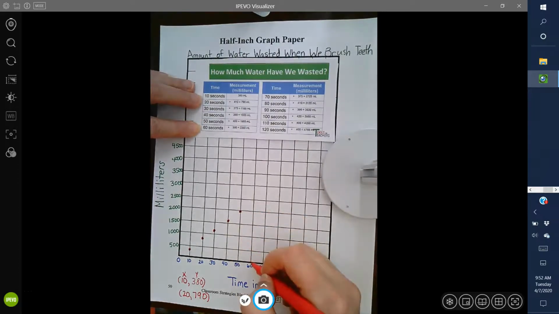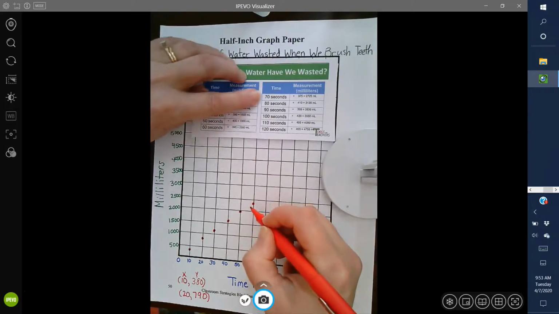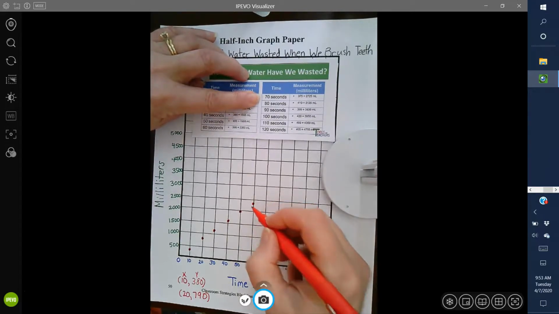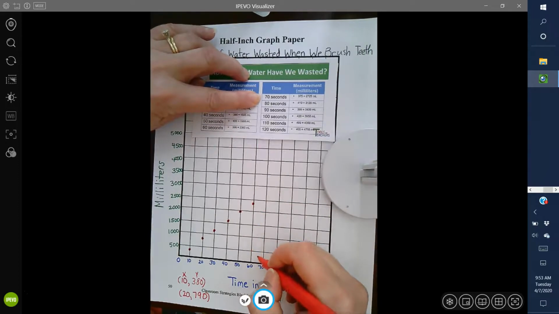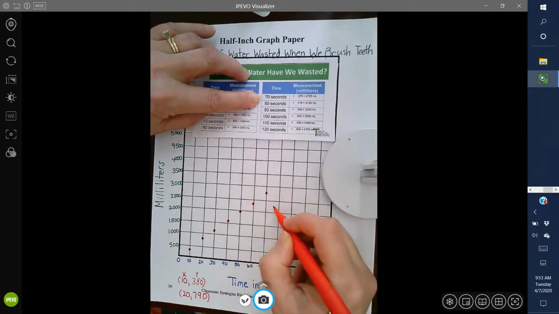And then for 60 seconds, it would be 2,350, so a little bit above right there. For 70 seconds, it would be over to 70 and up to 2,725. That's about in the middle.